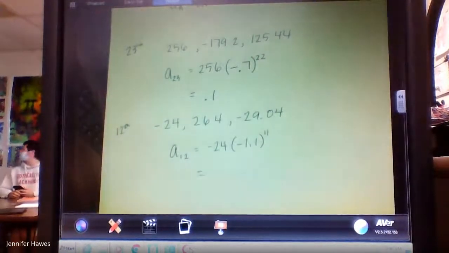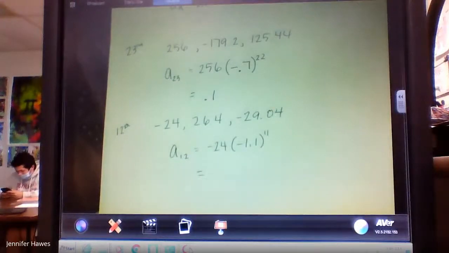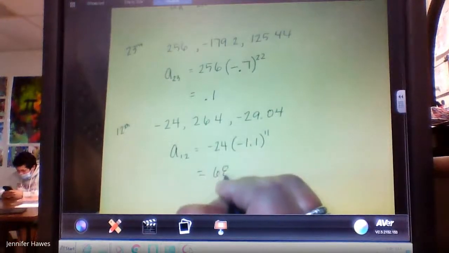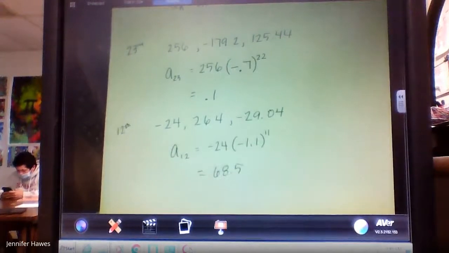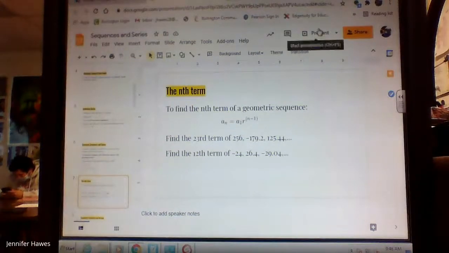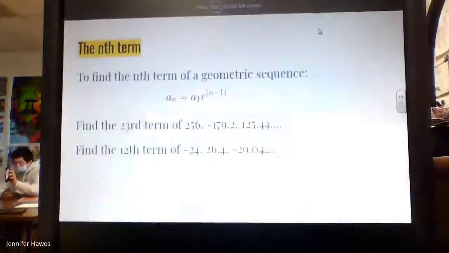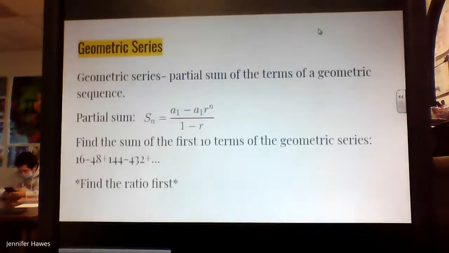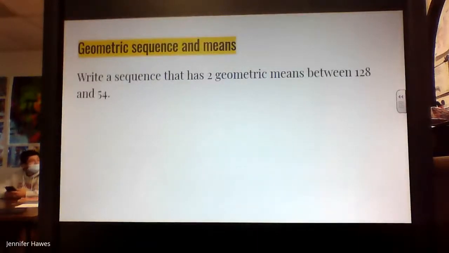So you got about 68.5. Okay, so this is similar to yesterday with the geometric means. Okay.